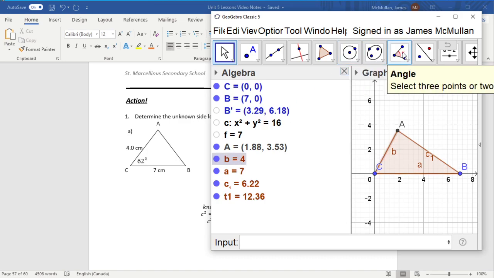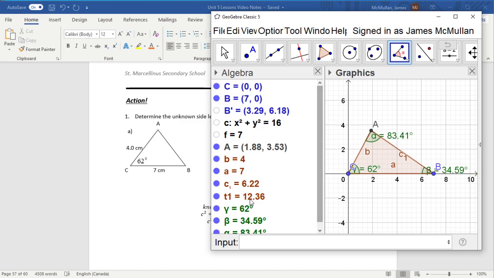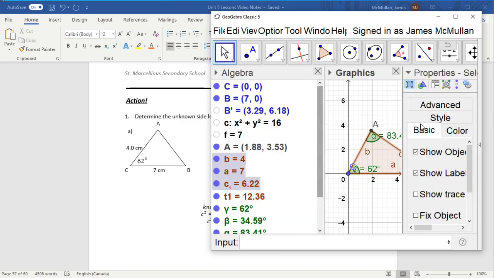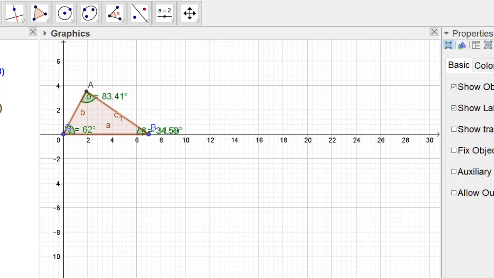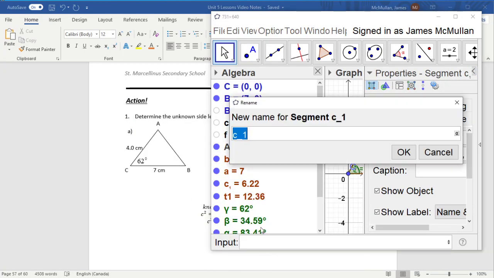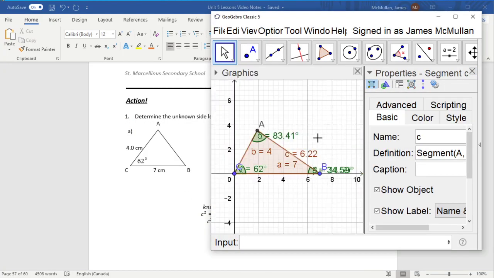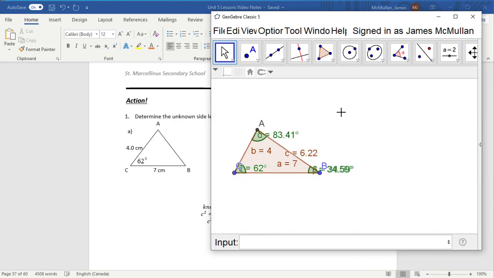Now, by the way, if you click angle and then click the inside of your polygon, it creates all the angles. So you can see here, I'll just put all these on. We'll just rename this to just regular C. Okay, so that's how you can accurately draw.